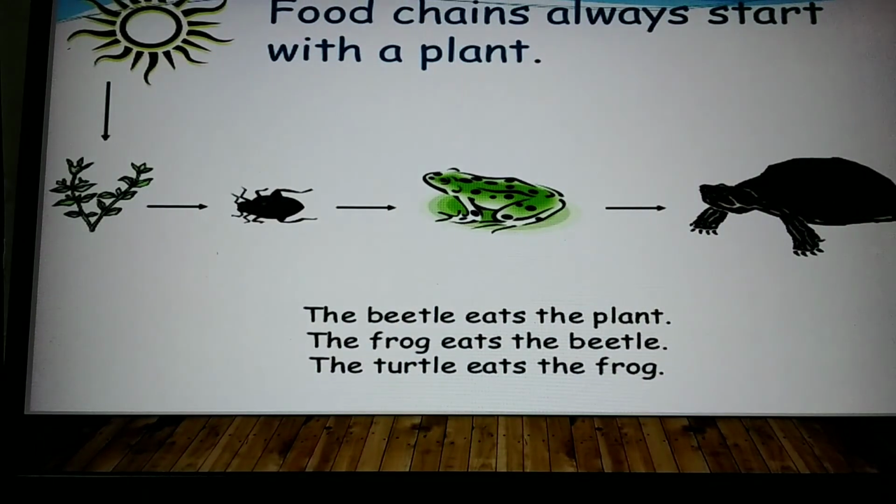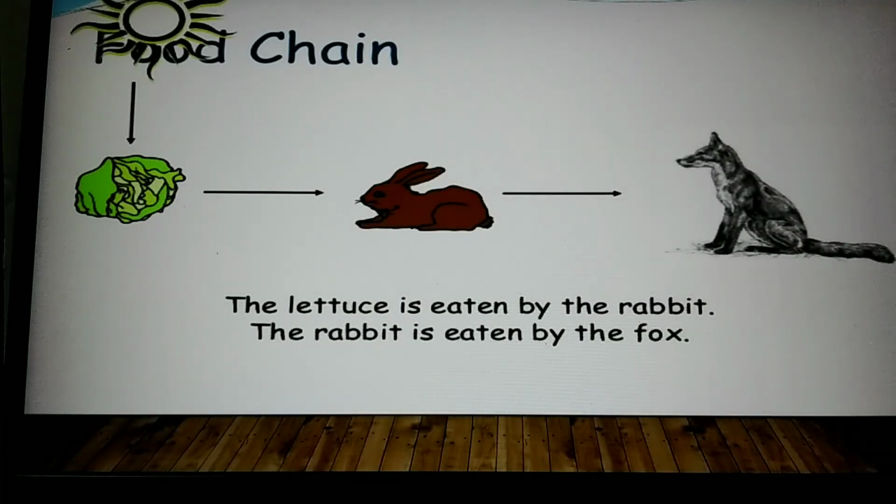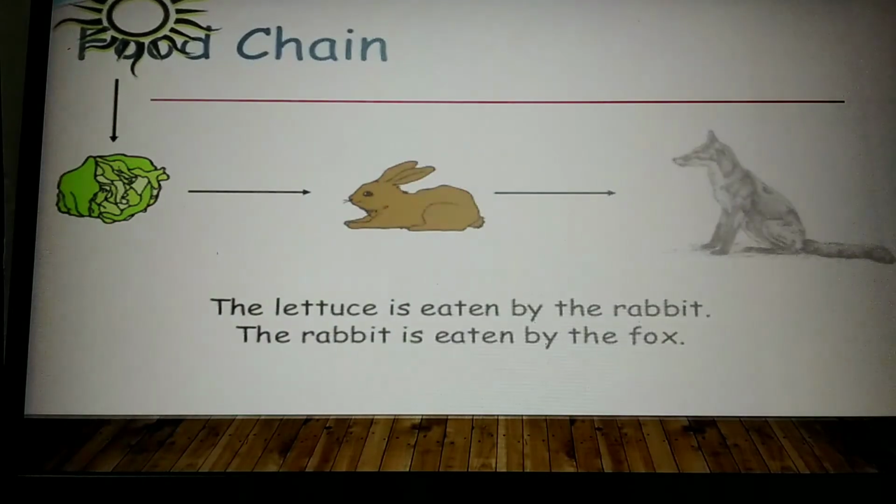For example, plants prepare their own food by the process of photosynthesis with the help of the sun. A food chain always starts with the plant. The beetle eats the plant, the frog eats the beetle, and the turtle eats the frog. The lettuce is eaten by the rabbit, the rabbit is eaten by the fox.